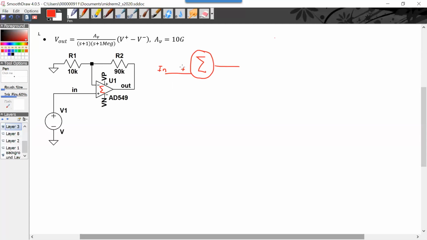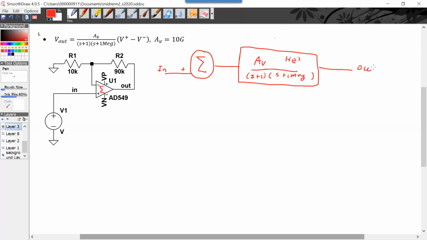What's inside that is this transfer function, which we might call H(s) of the op amp. There's our output.